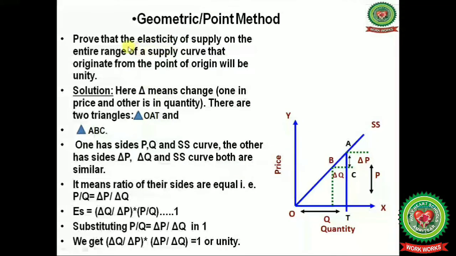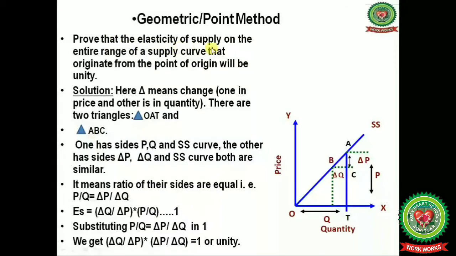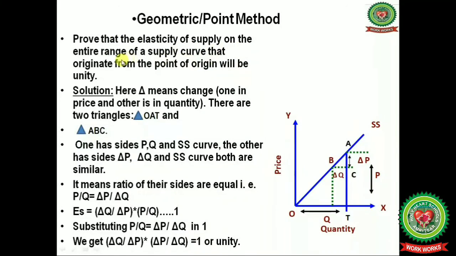Next one, our question is, prove that the elasticity of supply on the entire range of the supply curve that originates from the point of origin will be unity. Solution here, this triangle I have used here, it means the change in price or the change in quantity. There are two triangles.